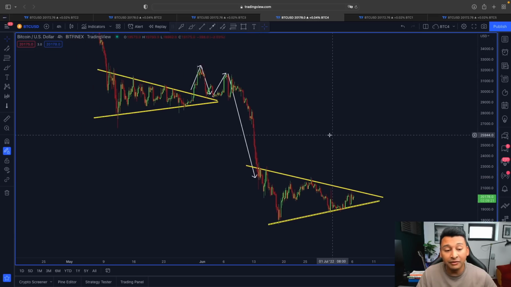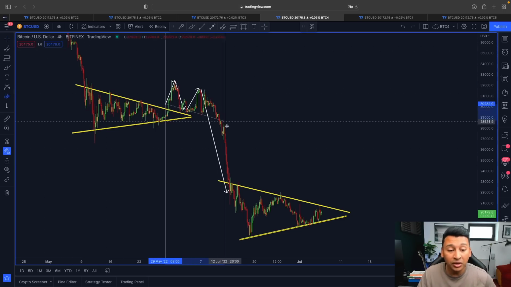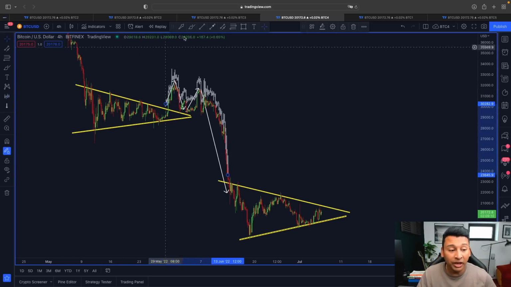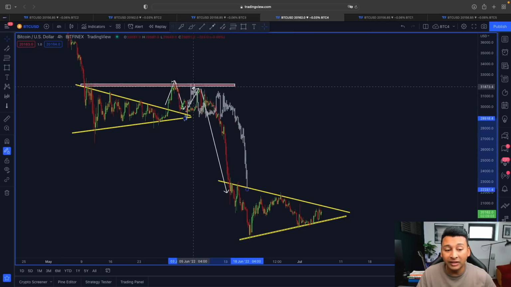And now if we are forming another symmetrical triangle just like this one here, then we are not going to get fooled this time, because you can see here we had a breakout, right? The breakout price also came at the top or the target line of this symmetrical triangle. Exactly after reaching that area, we started this downward rally.